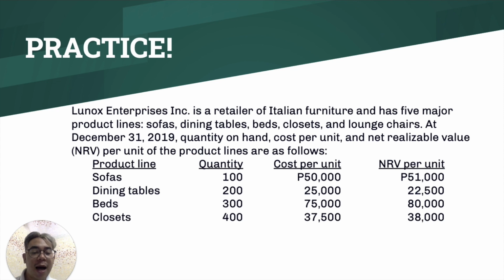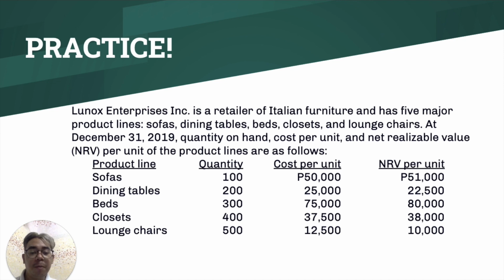Mas mababa ang cost per unit. Therefore, walang write down. And finally, lounge chair, the quantity is 500, cost per unit is 12,500, and the NRV per unit is 10,000 pesos. Mas mababa ang NRV, so for lounge chair, merong write down.